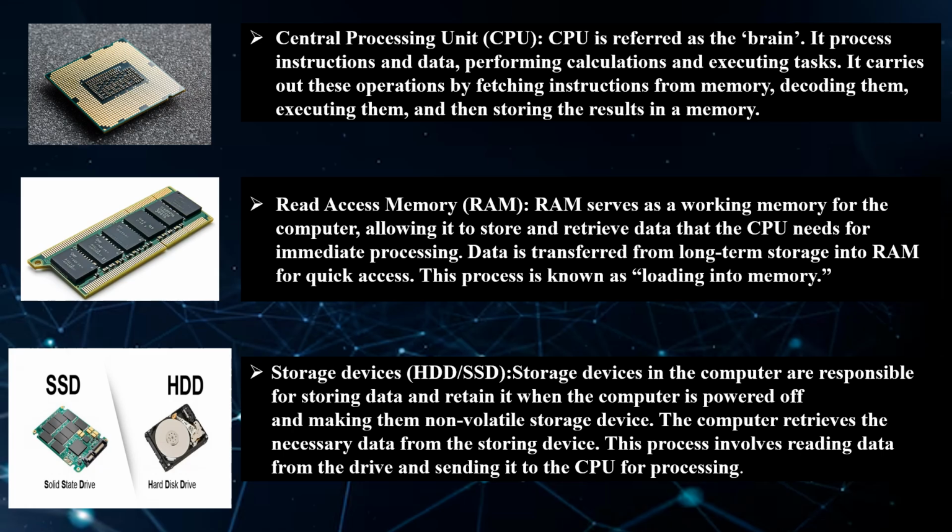RAM provides that space, holding the programs and data currently in use for fast access. While RAM is temporary, hard disk drives and solid-state drives provide permanent storage for your files and the operating system even when the power is off.